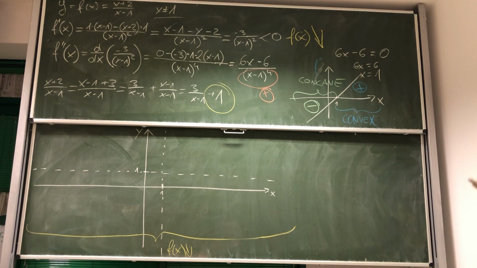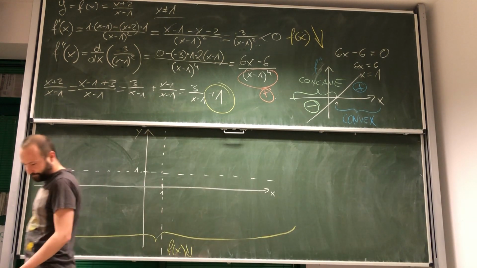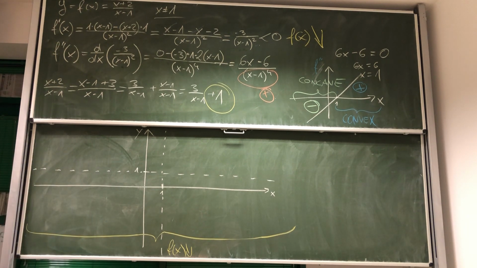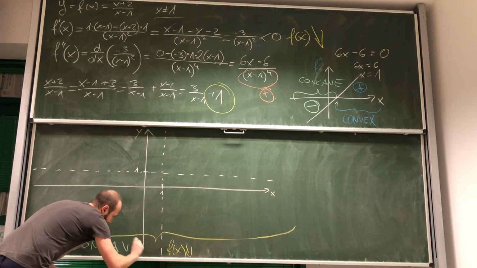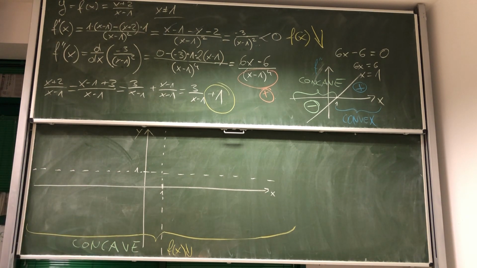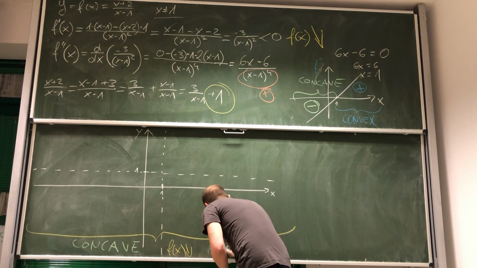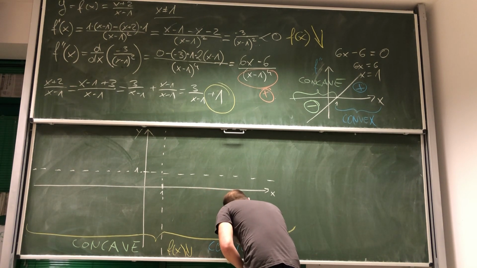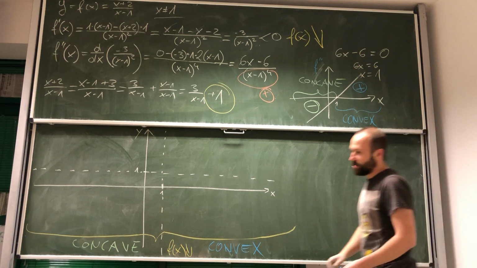Then we found out also that from negative infinity to 1, the function is concave. And from 1 to infinity, the function is convex. So, how will this function look like?